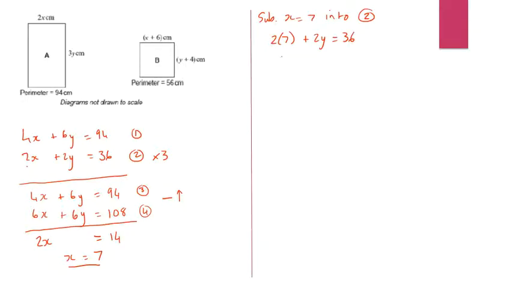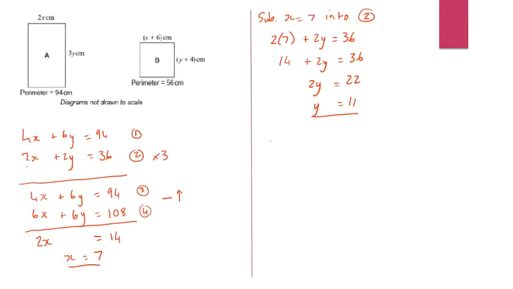I know 2 7s are 14, so I can work that out. And now I can solve the two-step equation. First of all, I'm going to take 14 off both sides. So it leaves me with 2y equal to 22. And if I divide through by 2, y will equal 11. So I've now worked out that x is equal to 7 and y is equal to 11.